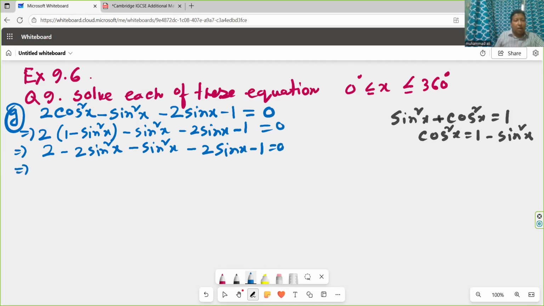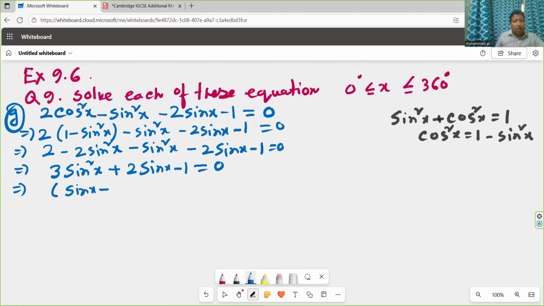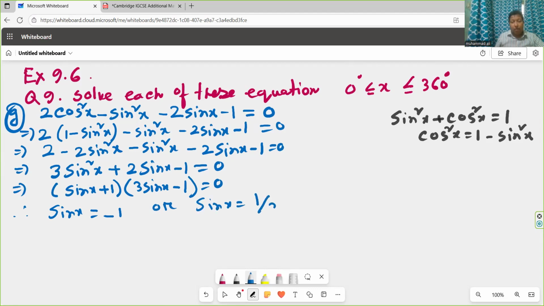If we simplify and multiply by minus, we get 3 sine square x plus 2 sine x minus 1 equals 0. If we factorize, we get 2 factors: sine x plus 1 and 3 sine x minus 1 equals 0. Therefore, sine x equals minus 1 or sine x equals 1 by 3.